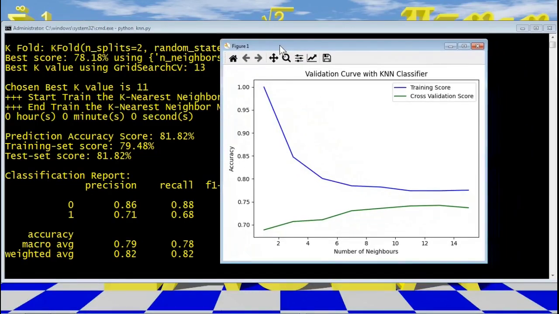This graph shows the validation curve applying the K-Nearest Neighbor to the diabetes dataset.